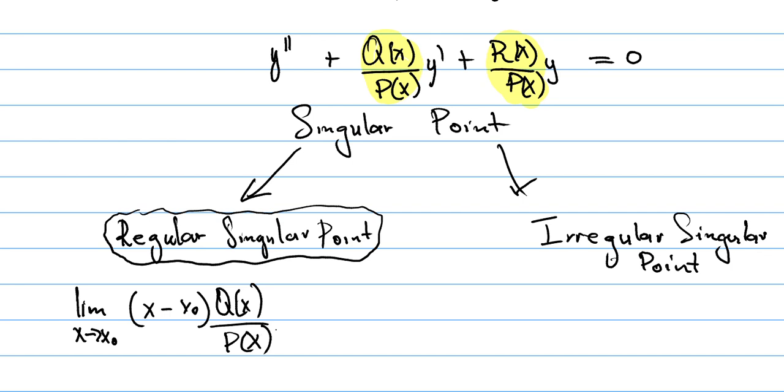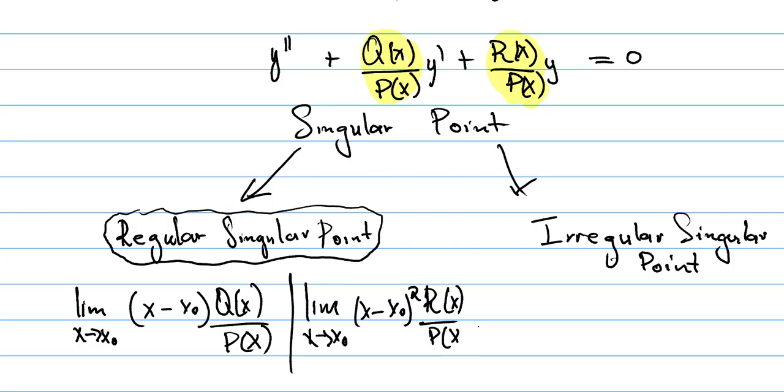Then you're going to find the other limit: the limit as x approaches x naught of x minus x naught, the whole squared, times your r of x divided by your p of x.